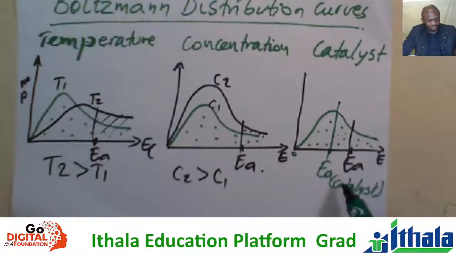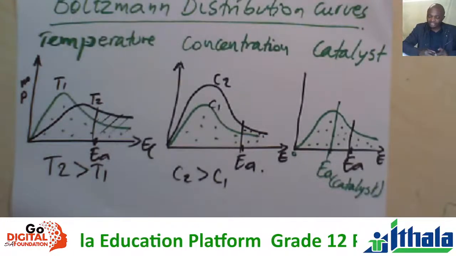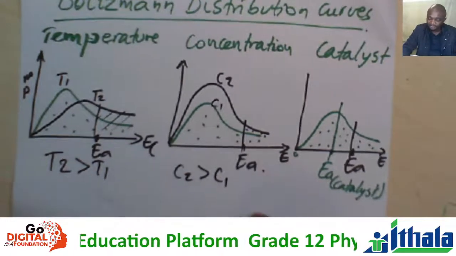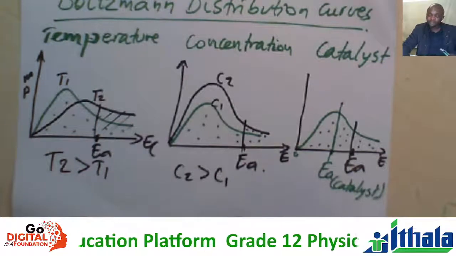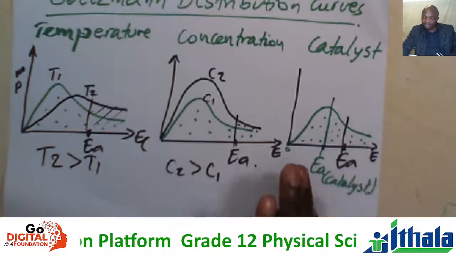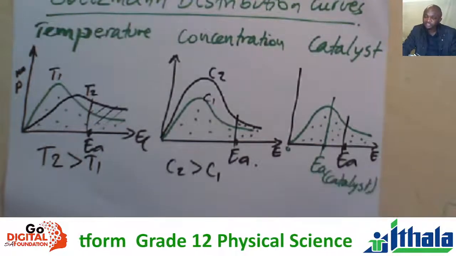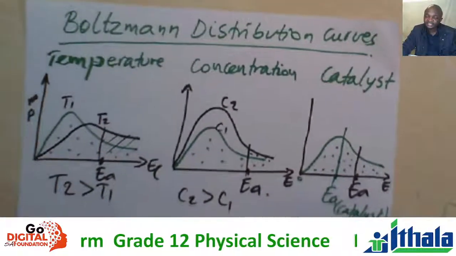So the main thing is having energy greater than the activation energy. That is how you work it out. We understand that for activation energy, that is the main thing. If there are many particles after the activation energy, then you say that reaction is faster.